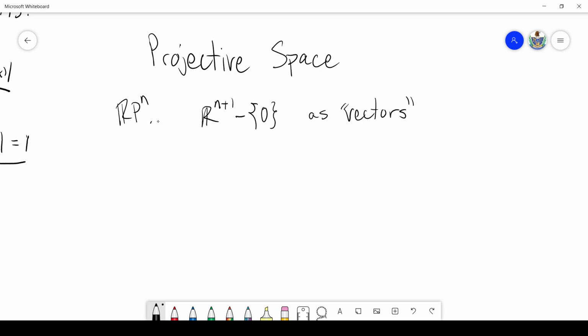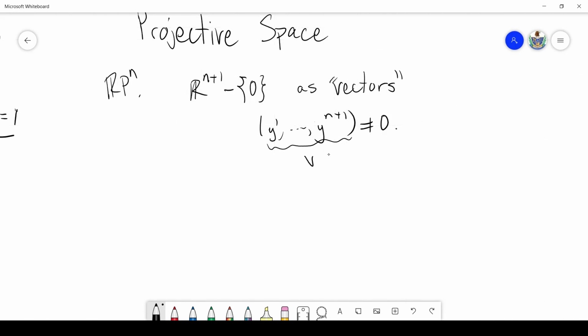Just think of it as a set of these numbers, right? Actually, I'm going to use y because I use it later on. But anyway, we have these coordinates where not all of them are zero, so this is not equal to 0. And we're just going to consider this as a vector, right? Just a vector is a list of numbers, as you might have learned it that way.